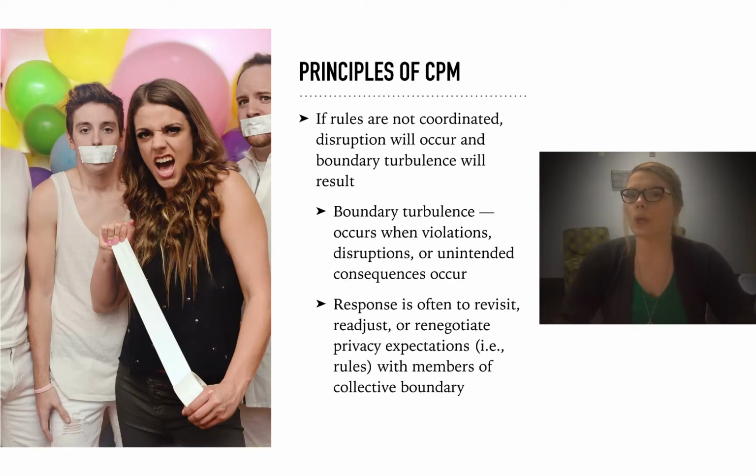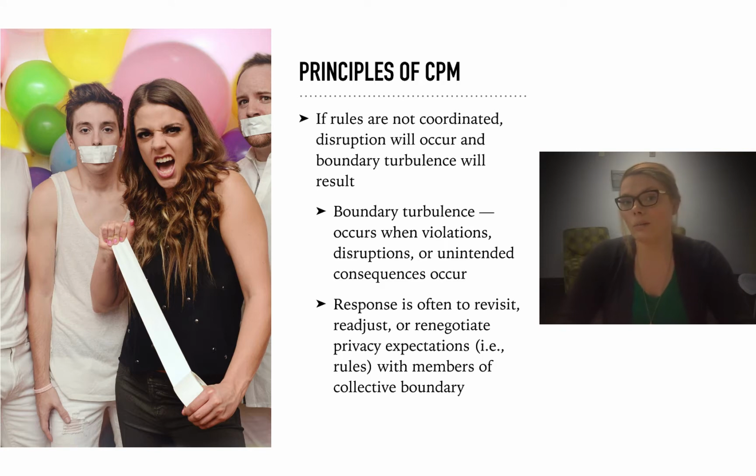What happens when rules are broken? If rules aren't coordinated, disruption will likely occur, and the result is what Petronio calls boundary turbulence. So this occurs when violations, disruptions, or unintended consequences occur. So as an example, if I were to confide in a friend about a mental health diagnosis, and maybe I even had thoughts about suicide, I wanted to confide in that person, but they were concerned.